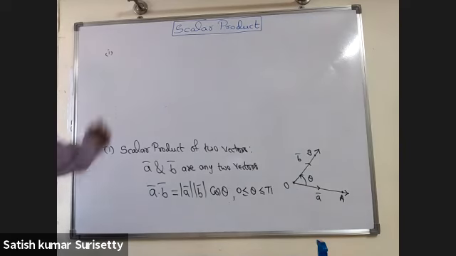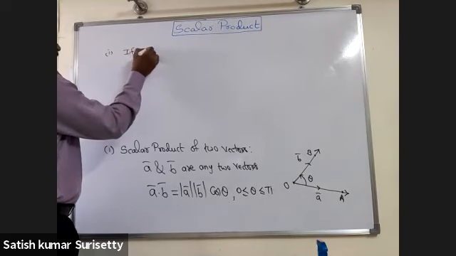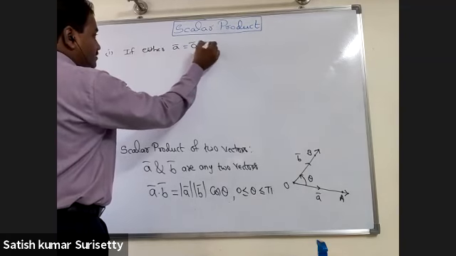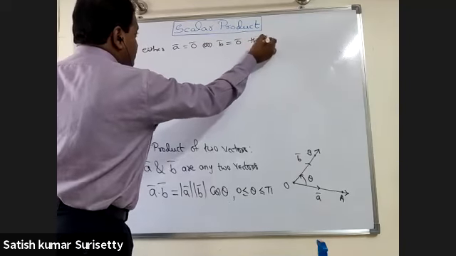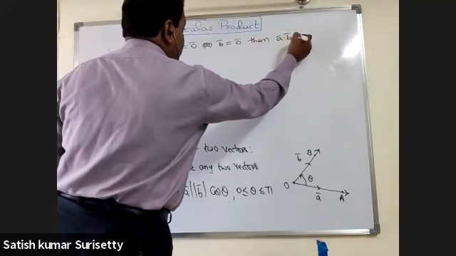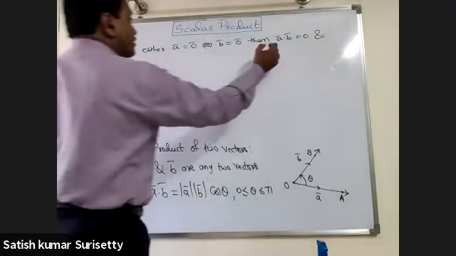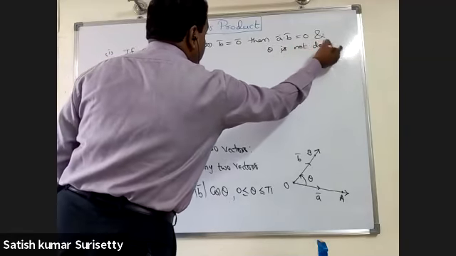Case 1. If either A bar is zero vector or B bar is zero vector, then A bar dot B bar equal to 0 and theta is not defined.